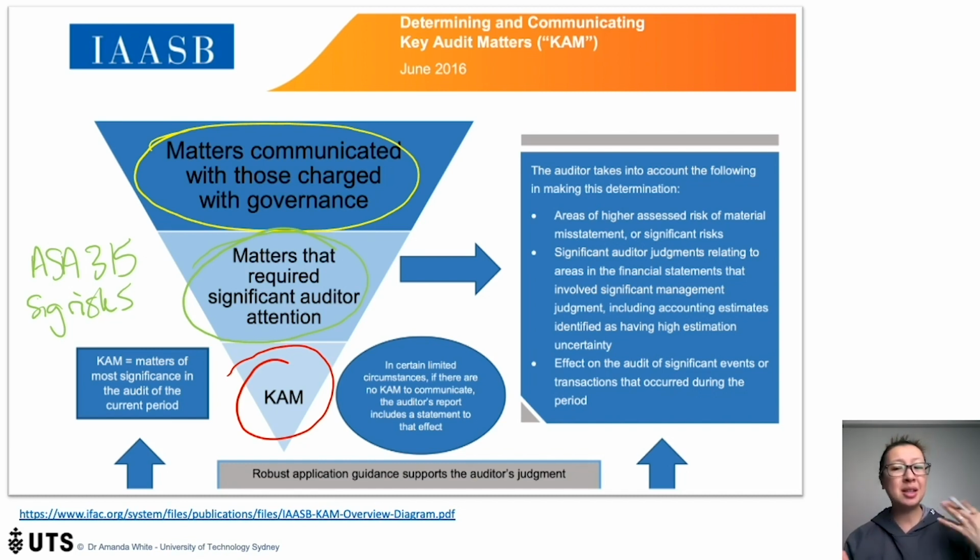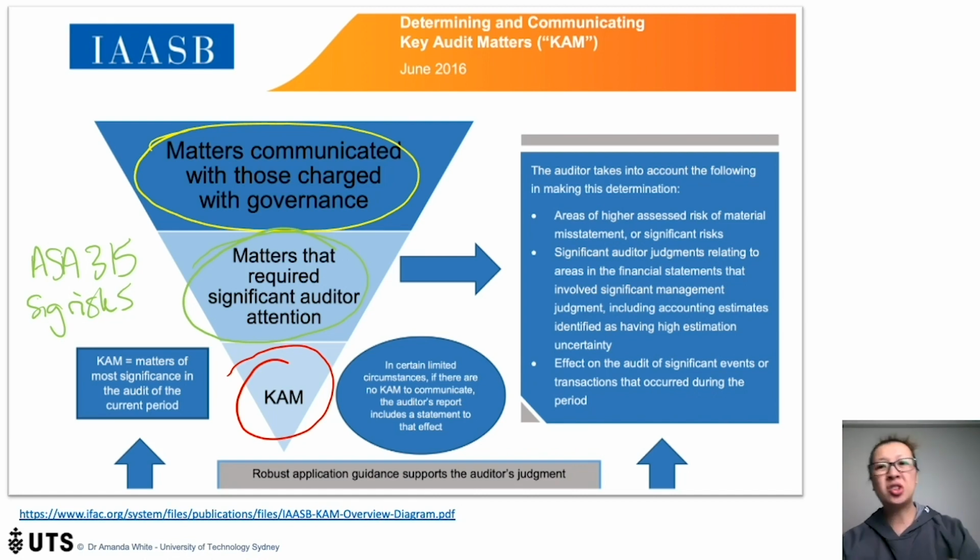Now, there might be a significant risk that exists because of a control weakness or because of a quirk in the industry, but we can confidently gather audit data to be sure of the accurate amount that should be included. But sometimes where there's more professional judgment, we have to use more methods, assumptions, and analyze more data, and those are the sorts of things that we're going to see in our key audit matters.